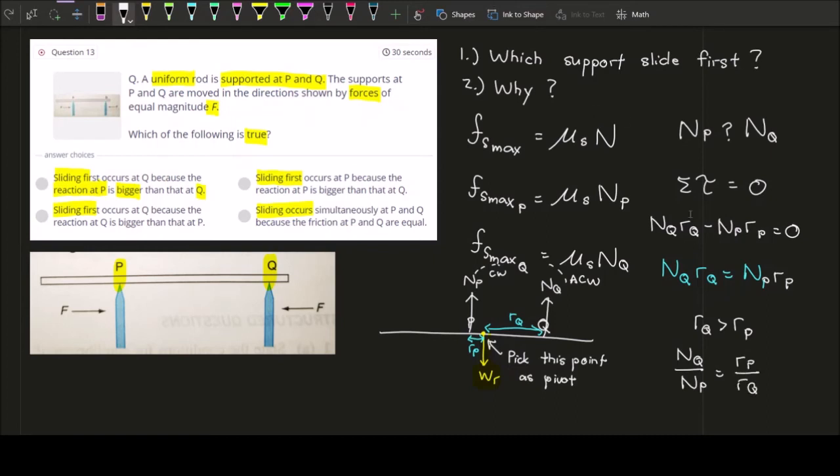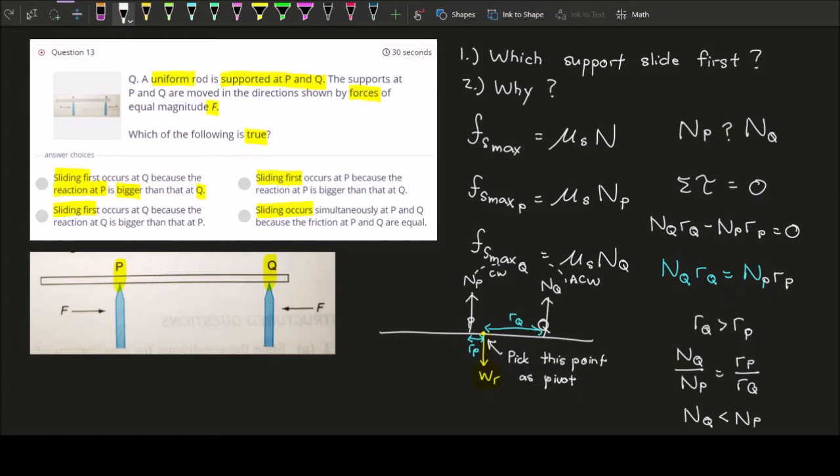If you know RQ is greater than RP, then you know that actually NQ will be smaller compared to NP. Okay, you need to do a bit of maths to figure this thing out. So NQ will be smaller than NP.